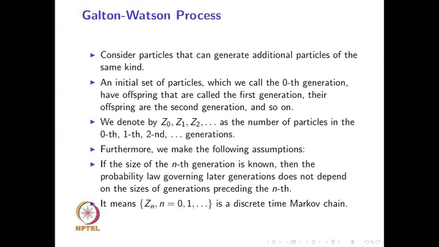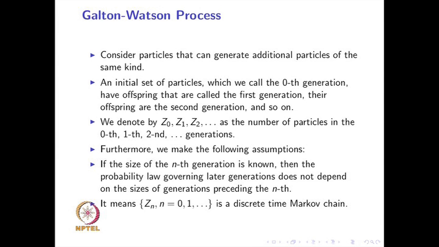Consider particles that can generate additional particles of the same kind. An initial set of particles, which we call the 0th generation, having offspring that are called first generation, their offspring are the second generation, and so on. We denote by Z0, Z1, Z2 the number of particles in the 0th, 1st, 2nd generations.